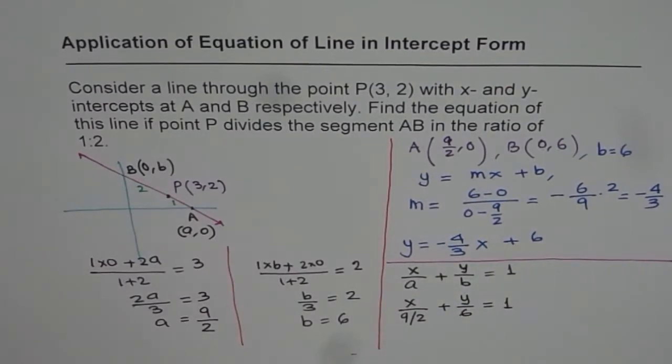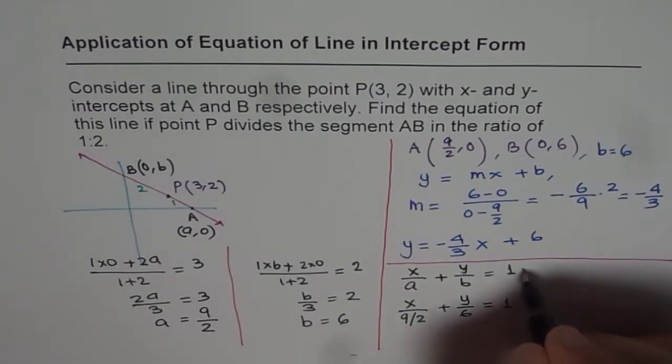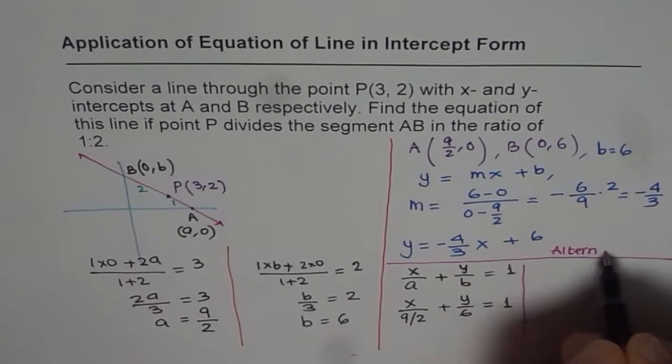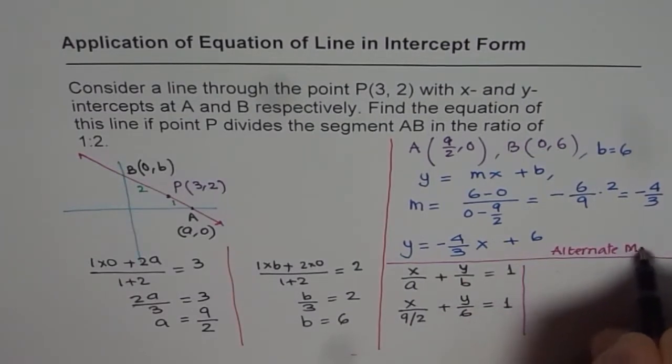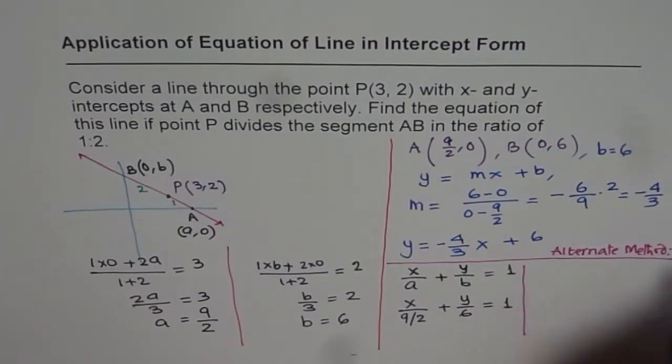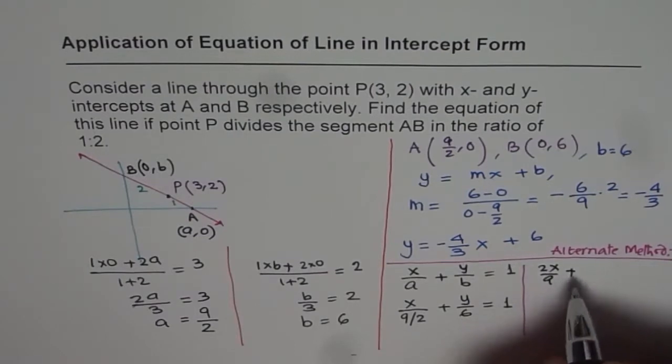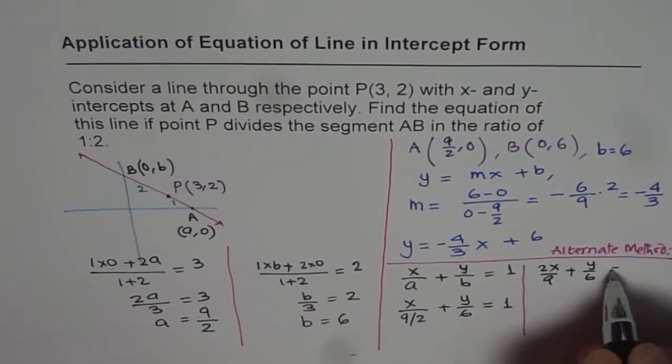So that is another form in which you could have got the equation. Well, let's rewrite it. This is an alternate method, right? So we get 2x over 9 plus y over 6 equals 1.